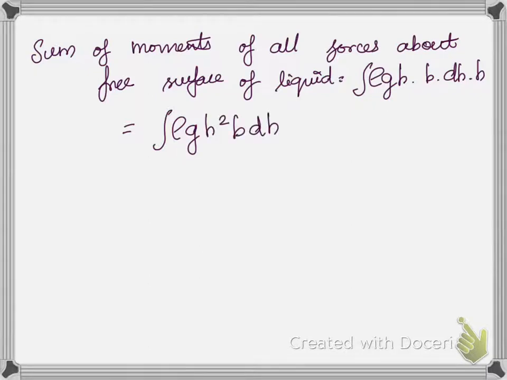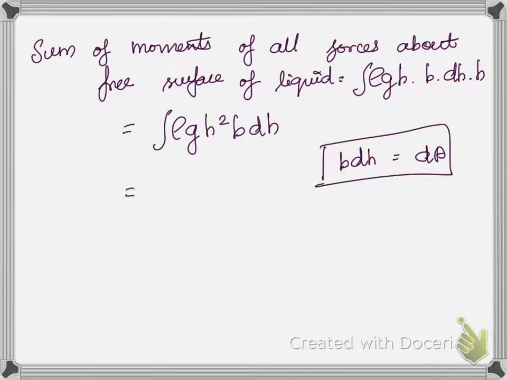I am just rearranging it. And also we know that B dH will be equal to dA, as we have seen in the last derivation itself. So I can take rho g outside, integral H square dA.